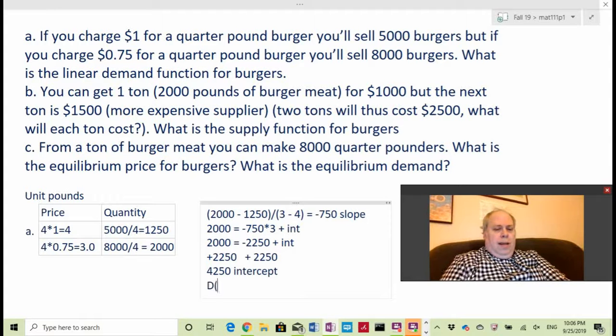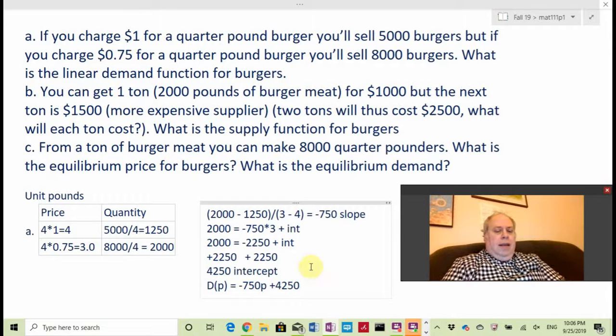So according to this, my demand function for the price in pounds and the quantity in pounds is negative 750 times the price of a pound plus 4,250. And once again, the intercept is positive and the slope is negative. You always want that to be true.